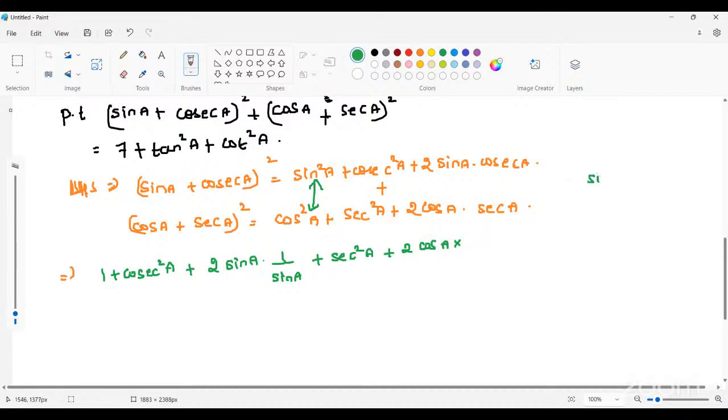So here we have sin is 1 by cosecant, tan is 1 by cot, right? So cos is 1 by secant. So we can write secant as 1 by cos A. So we can cancel sin A, sin A, and cancel cos A, cos A. Now, let us put together everything.